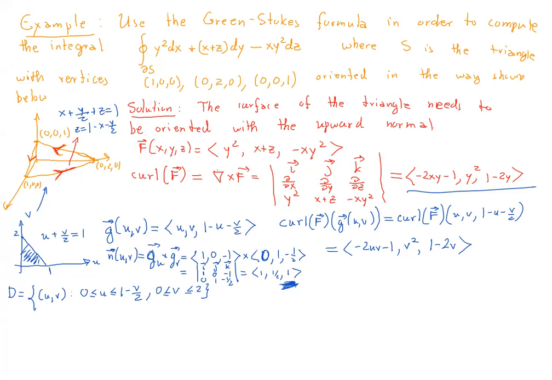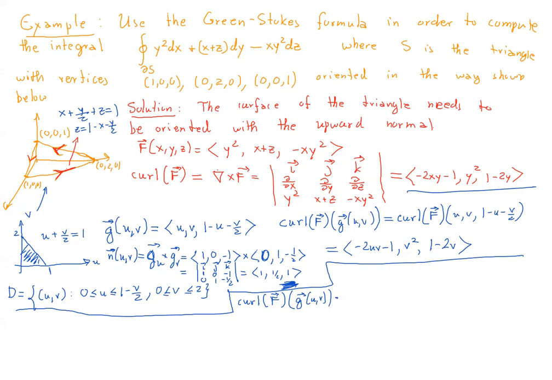So finally, what we need to do is take the dot product of the pullback of the curl on the domain of the parameterization and the normal vector.